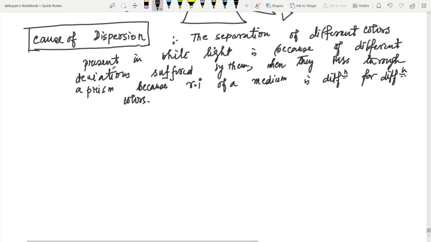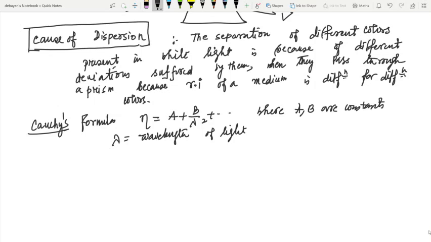According to Cauchy's formula, the refractive index n is equal to A plus B over lambda squared, where A and B are constants, and of course you know that lambda is the wavelength of light. So this relation shows that the refractive index of the material or medium depends upon the wavelength.